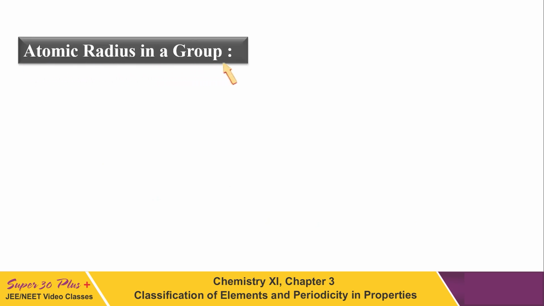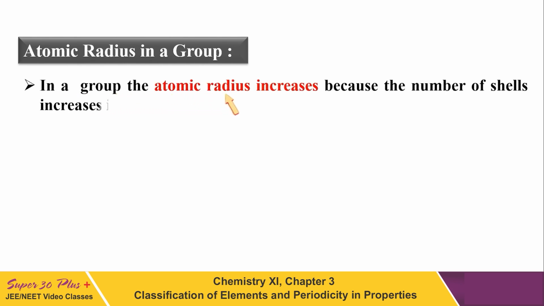What do you think? In the group, whether the atomic radius increases or decreases? What happens with the atomic radius in a group? See, in the group, atomic radius increases. Why does it increase? Because in the group, there is an increase in the number of shells. As you go down the group, the shell constantly increases.